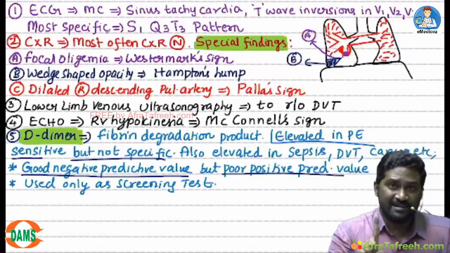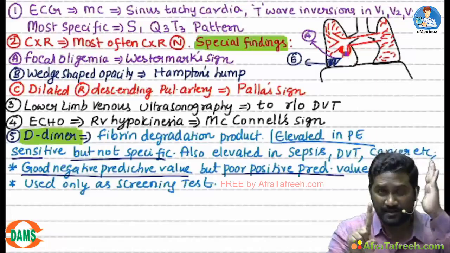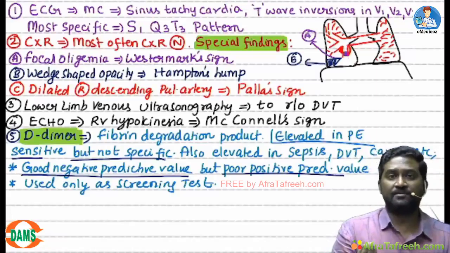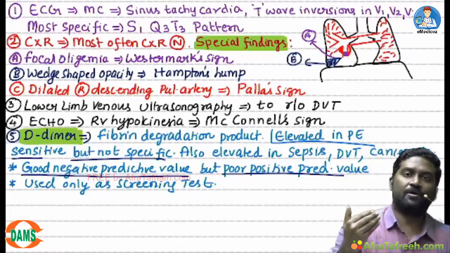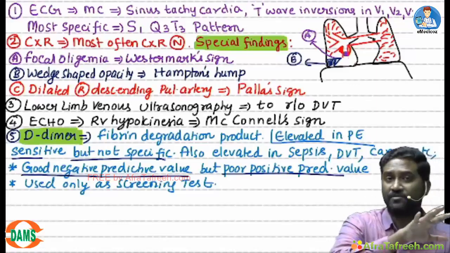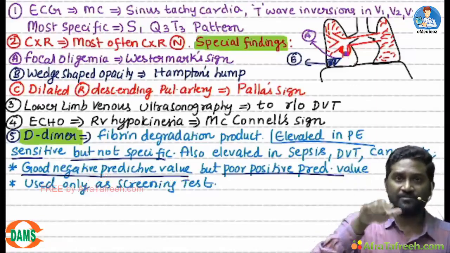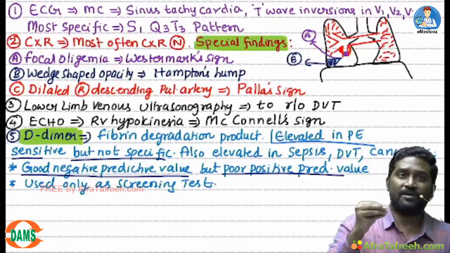Now if the D-dimer is elevated, with this single value can you say that there is pulmonary thromboembolism? No. If D-dimer is elevated, it gives you a direction that there are chances of thrombosis in your body, but it will not say it is only in the pulmonary circulation. So if D-dimer is normal, the chances of thrombus existing in your body is less.